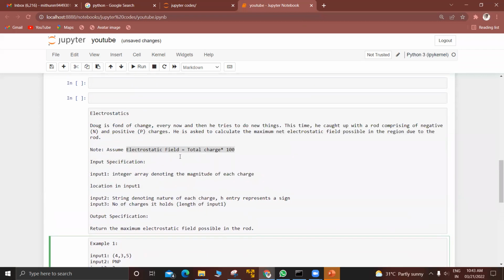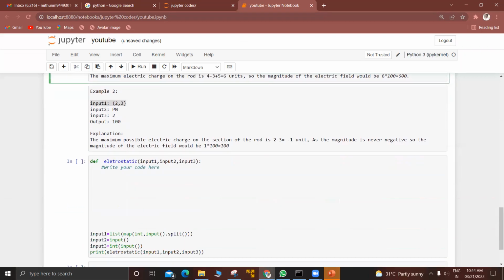They have given the formula how to calculate the electrostatic field. Let us look into another example. In the 0th position, P is there, so plus 2. In the first position, N is there, so minus 3. So this is the format. And the length in the input 3, they have given the length of input 1 as well as the length of input 2.